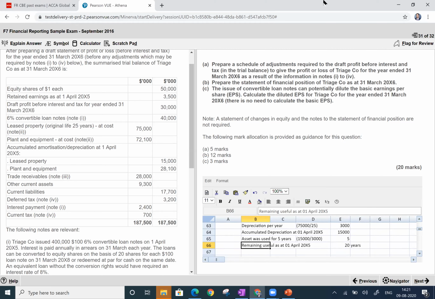We revalued on 1st October 20x5, so after a further 6 months.